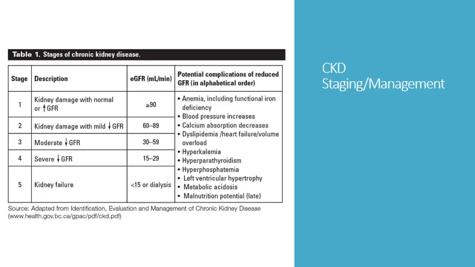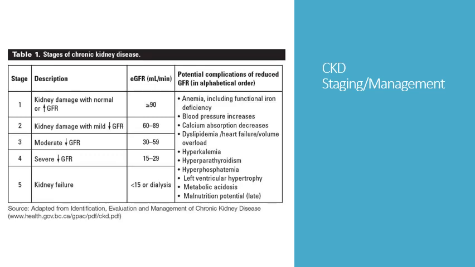So how do you stage chronic kidney disease, and how do you manage it? Again, I keep saying specialty domain, but it doesn't give you a free out-of-jail card not to know how to manage this. So we are looking at GFR.